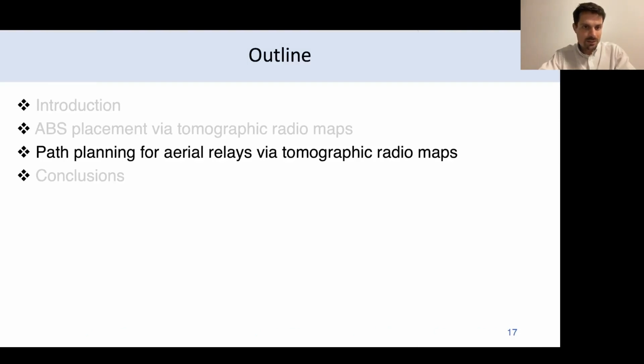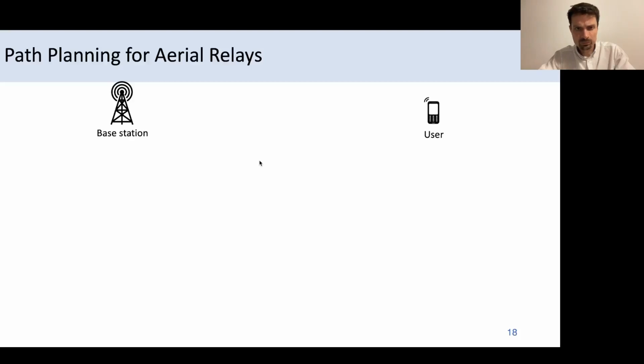So now let us go to the second problem, where tomographic radio maps are applied for path planning for aerial relays. So suppose that a certain mobile user is out of the coverage region of a terrestrial base station.